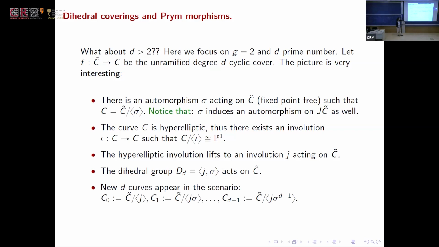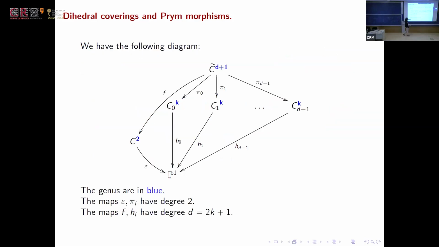So we obtain new curves in the picture. The picture is the following. This is C tilde over C, the map I started with, the cyclic degree D covering. This is the hyperelliptic quotient, precisely the quotient obtained by the action of the hyperelliptic involution.